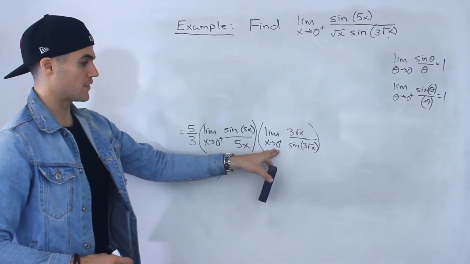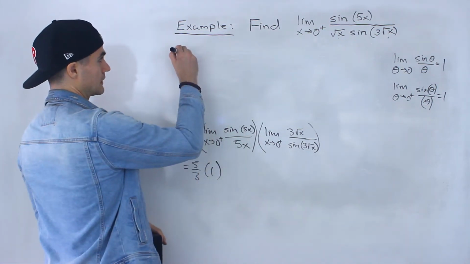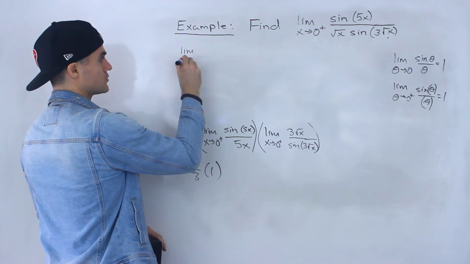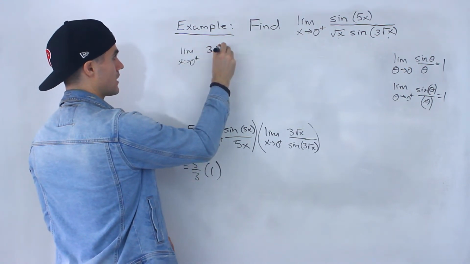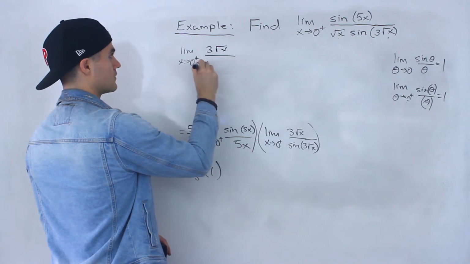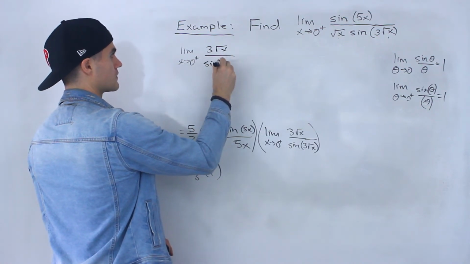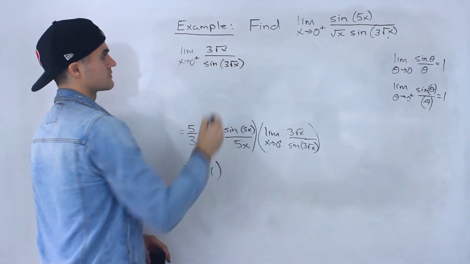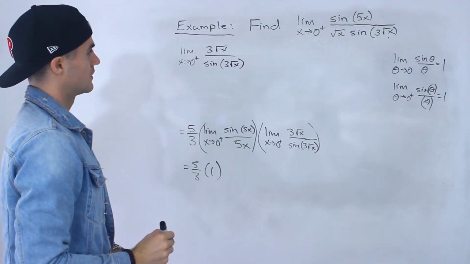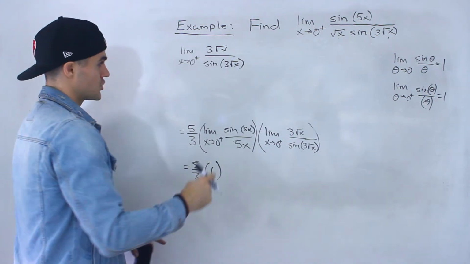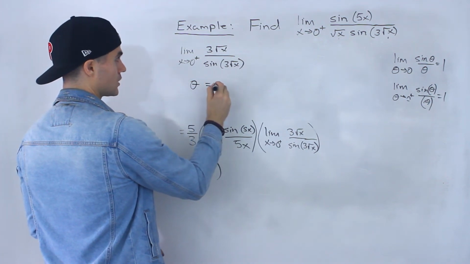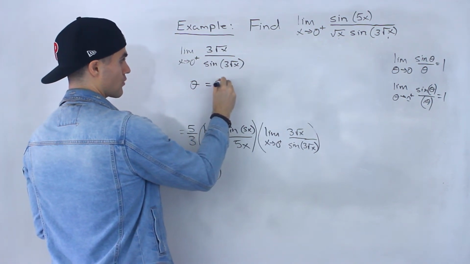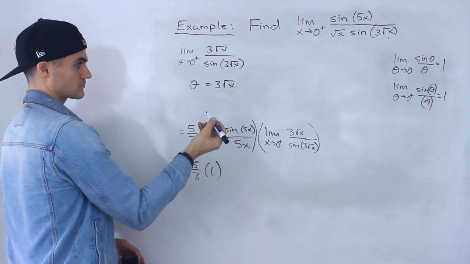And now I'm going to work with this limit over here. So we have the limit as x approaches 0 from the positive side of 3 root x over sine of 3 root x, like that. And so again, I'm going to do a change of variable here. So I'm going to let theta equal 3 root x.